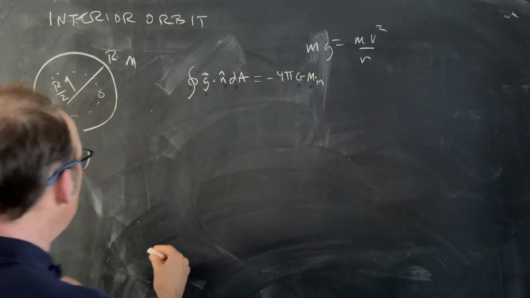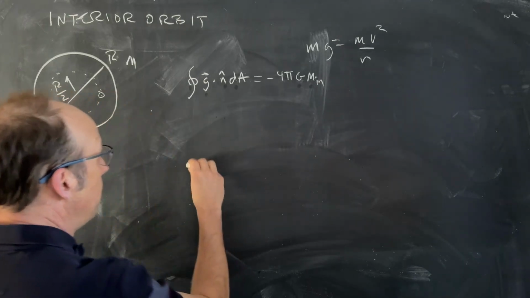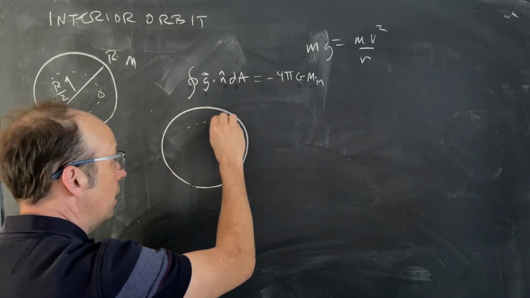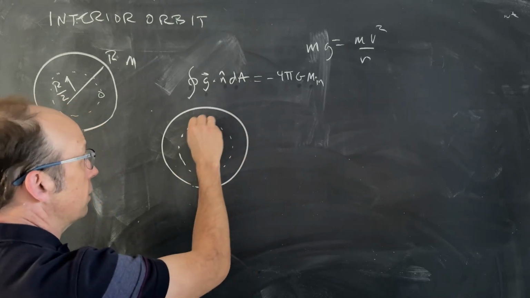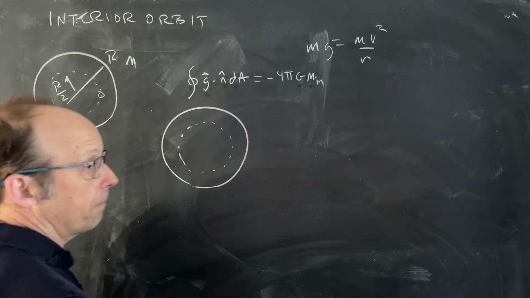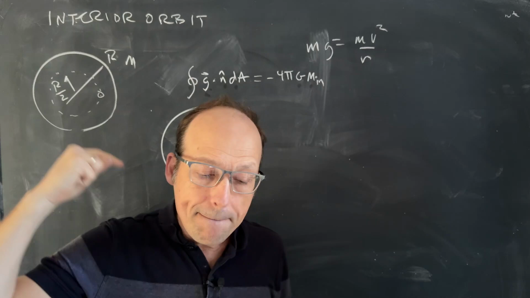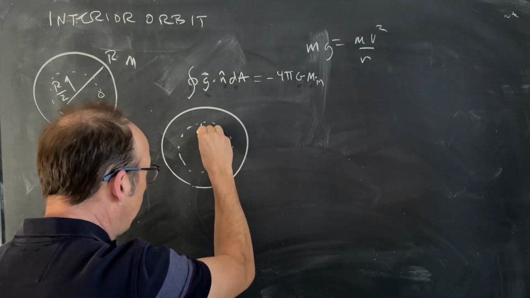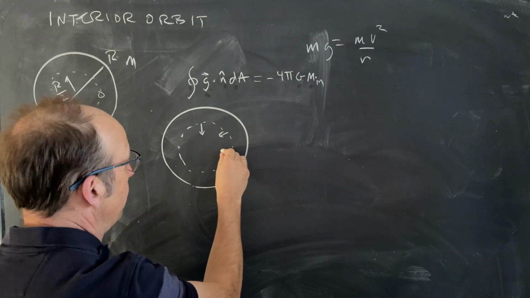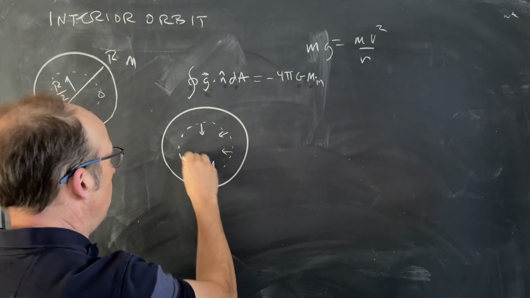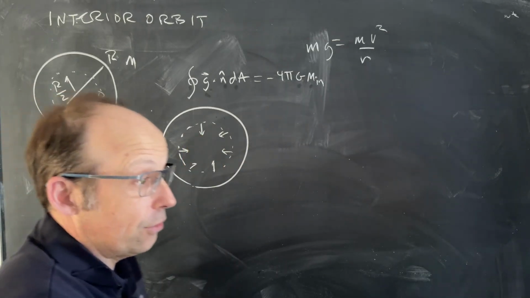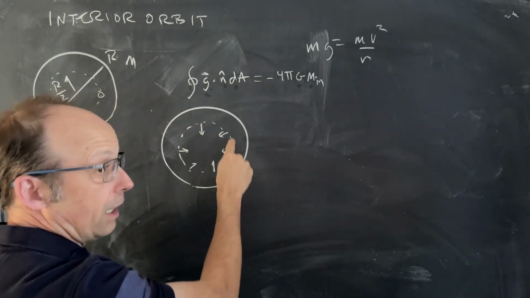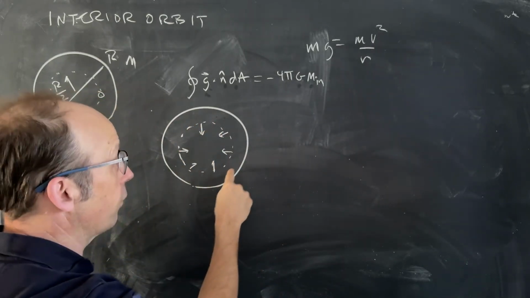Now, if we are smart, and we are, then we can pick a surface. So I'm going to redraw my Earth right there. I'm going to pick a spherical surface for this surface area integral. Why would I do that? Because then I can assume something about the magnitude and direction of this field. I don't know the magnitude of the field, but I can say that it has the same magnitude over the surface.